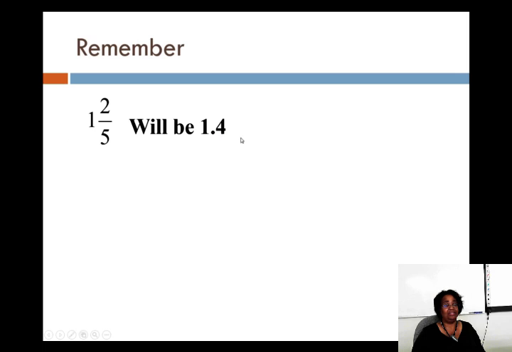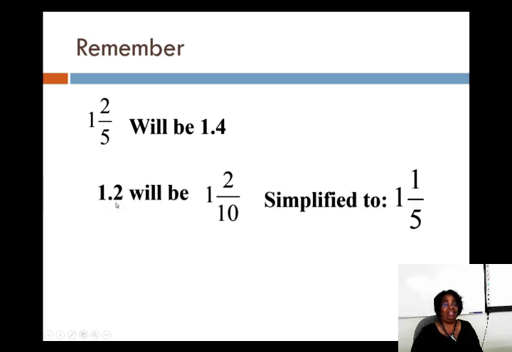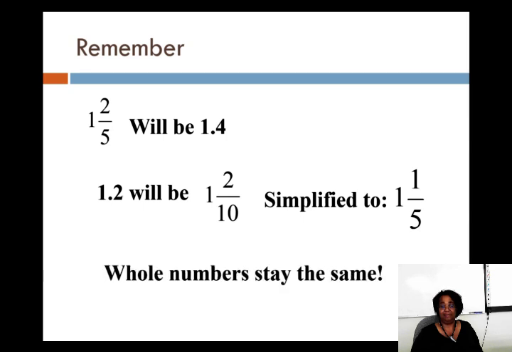These are equivalent. 1 and 2/10 is the same as 1 and 1/5 once I reduce by 2. Remember, if you have a fraction that can be reduced, go ahead and reduce it. Remember also, the whole number in a fraction stays a whole number in the decimal form as well.